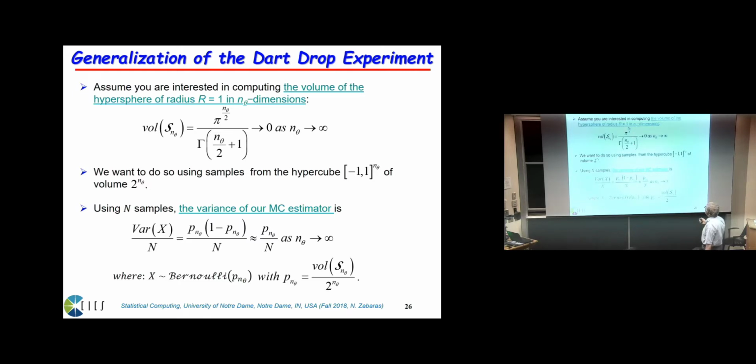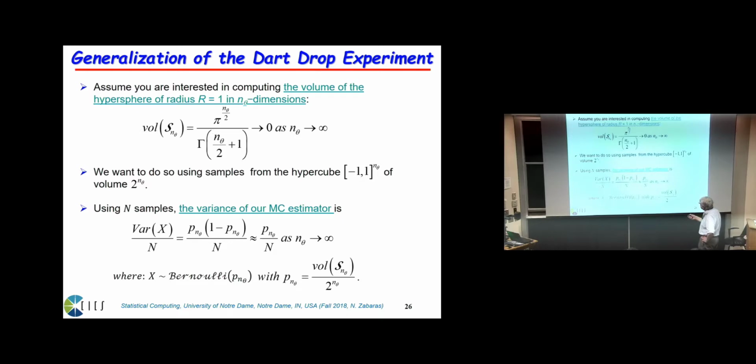If we take the hypercube to be from -1 to 1 in n theta dimensions, the volume of the hypercube is 2 to the power n theta. If you use n samples and compute the estimator that we had before, the variance of x divided by n, remember it's a Bernoulli distribution, is the probability that you will hit the hypersphere minus the probability squared, the same formula I had before.